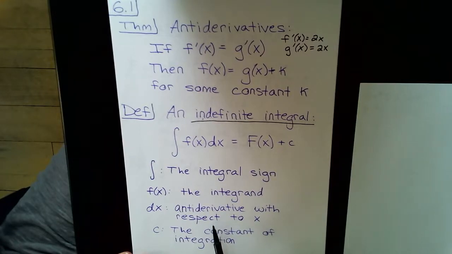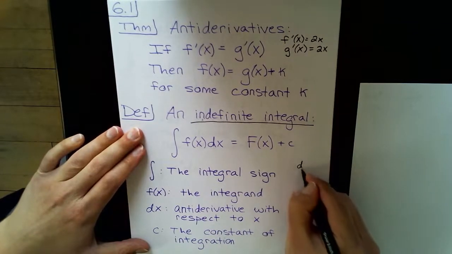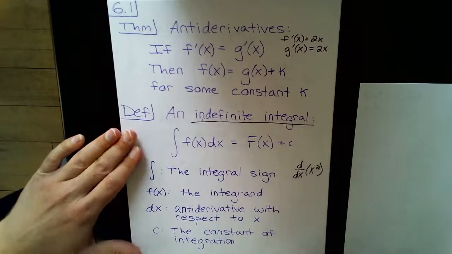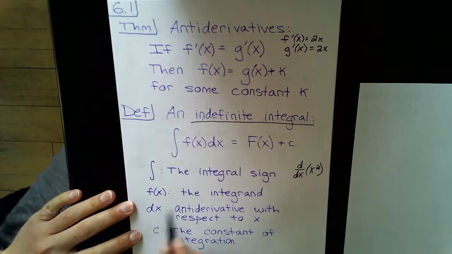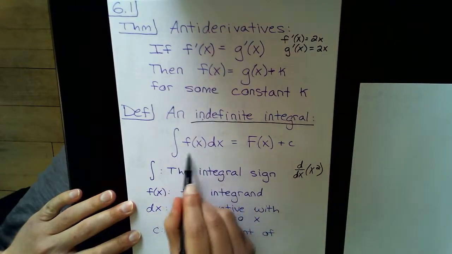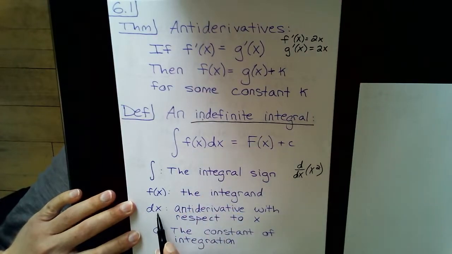So just think of it the same way as when we had d dx of x squared. This meant that we were finding the derivative with respect to x. This dx inside of our integral sign tells us we are taking the antiderivative with respect to x.